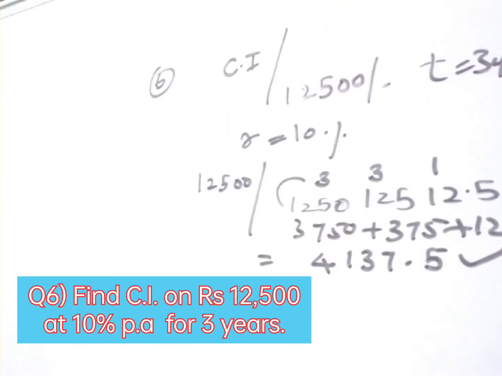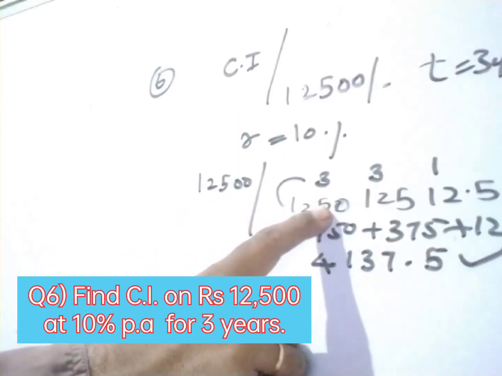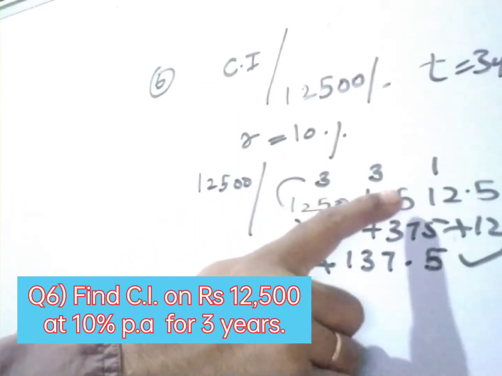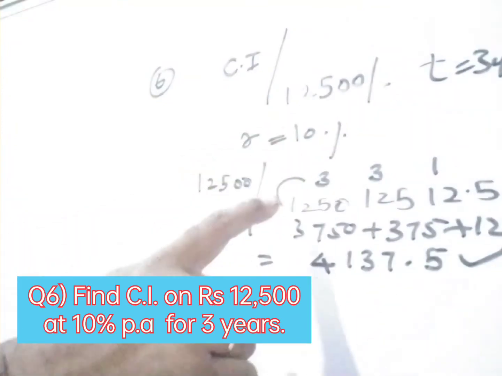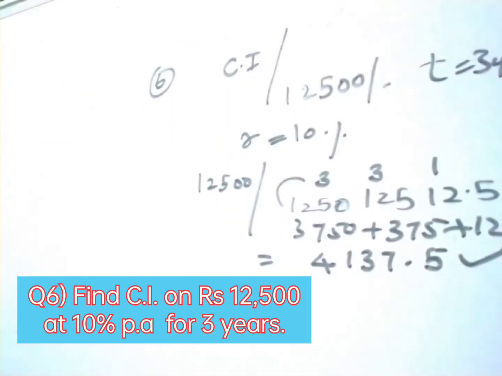So for 12,500, time is 3 years, rate is 10%. 3-3-1 because it's for 3 years. 1250, 125, 12.5. So 1250 into 3, 125 into 3, 12.5 into 1. Total if I add this, I get 4,137.5. That is the compound interest.